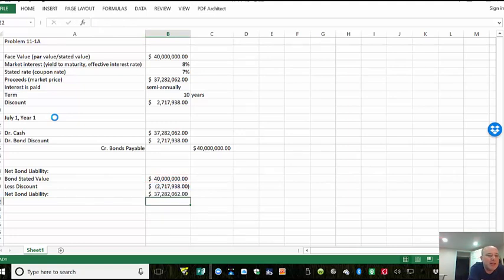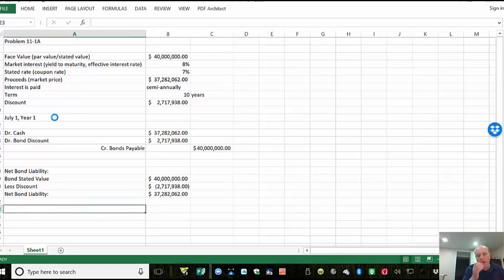What happens is that over time, as you accrue interest on the bond, you need to capture this discount. It needs to be amortized into the bond liability. Essentially, over time, you need to pay at the 8% effective rate, not the 7% which you stated.